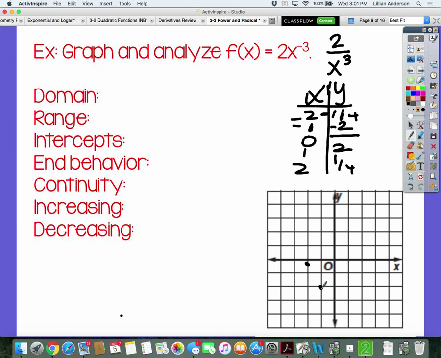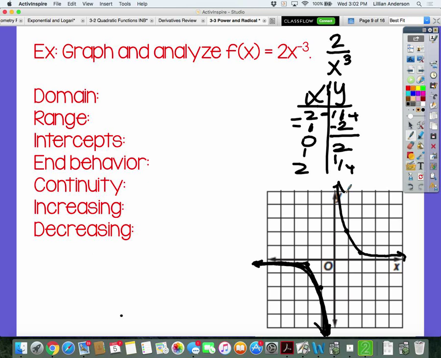Because when you plug in negative 1 and cube it, it's still negative, and then 2 over negative 1 is negative 2. I forgot the 2. So it's going to look like this, maybe a little smoother. And then at 1 you're at 2, and at 2 you're at 1 over 4. And it's going to look just like our parent function.